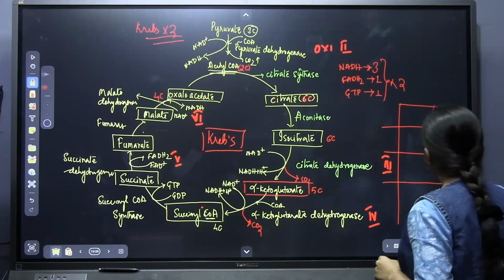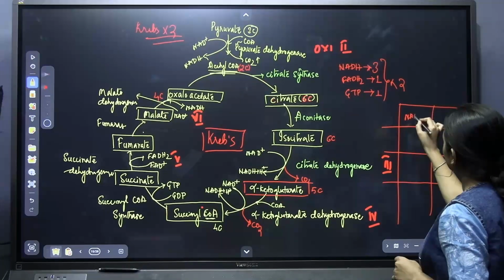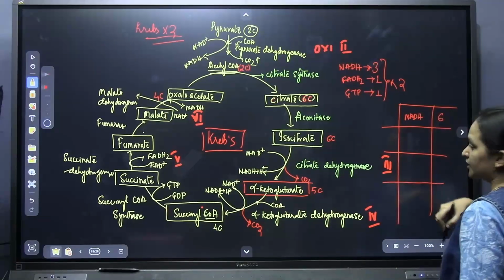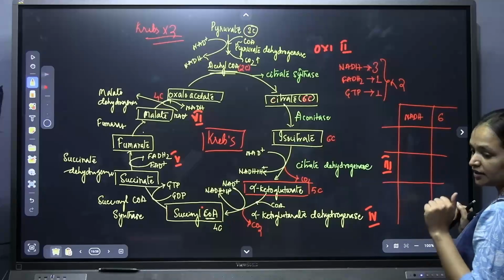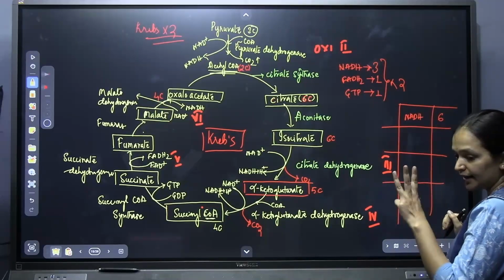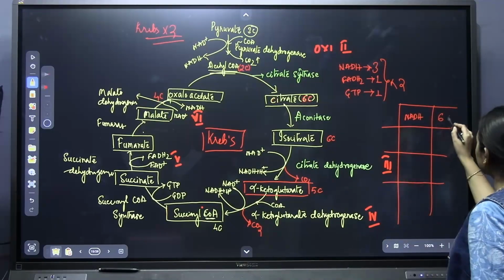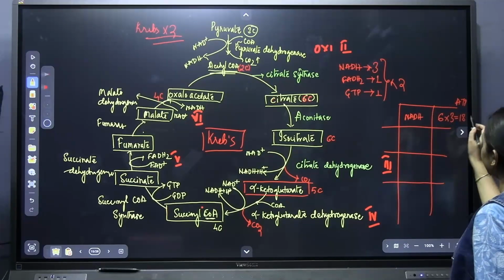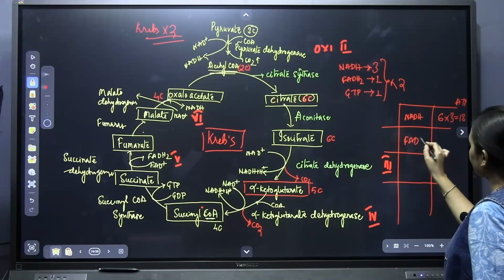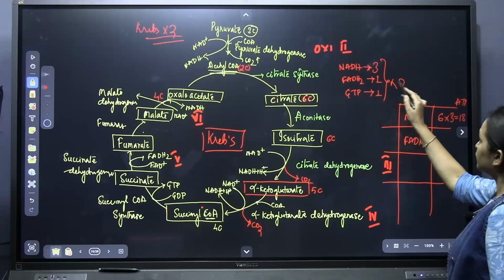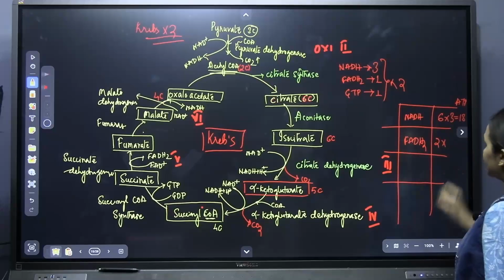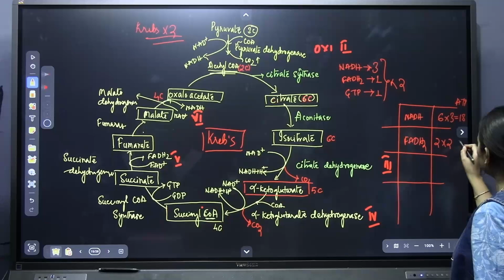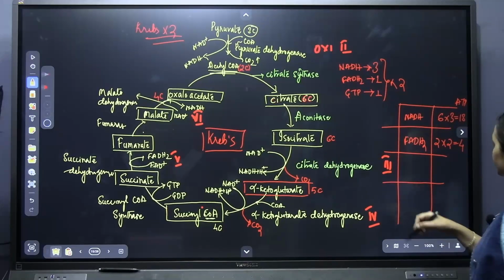Okay. Now, how many NADH? It is totally 6, isn't it? Each NADH yields 3 ATP at the end of the ETC, so it is 6 into 3. The total number of ATP here is 18. FADH2, how many? 2, and each molecule of FADH2 yields 2 molecules of ATP, so 2 into 2 is equal to 4.